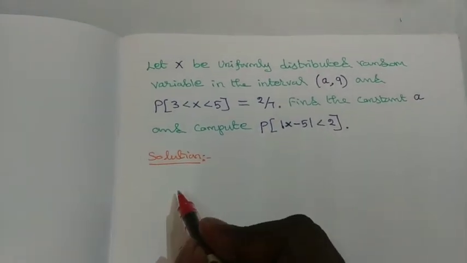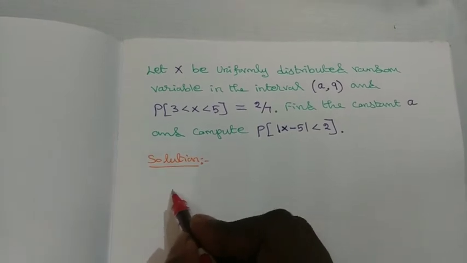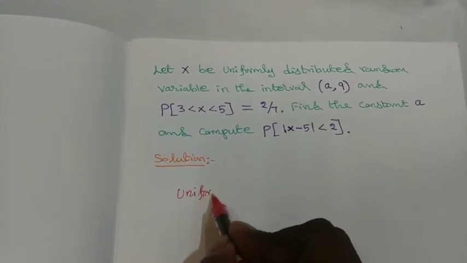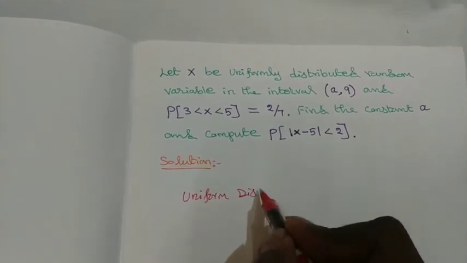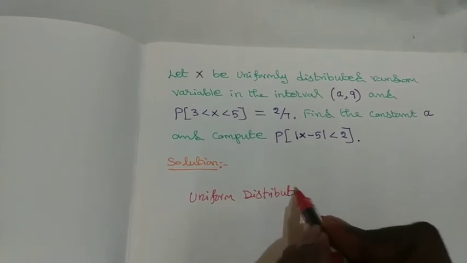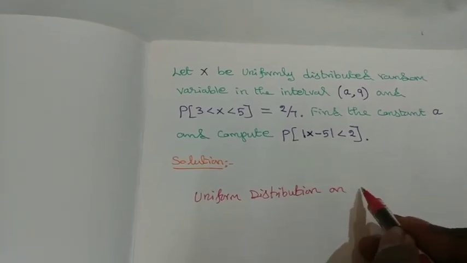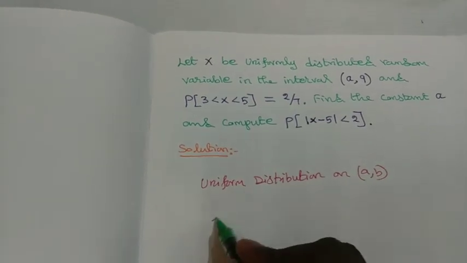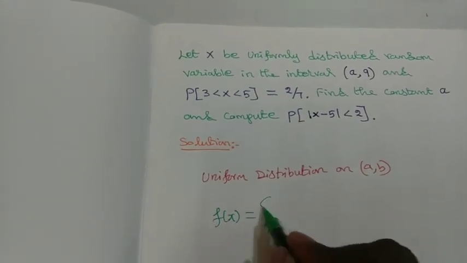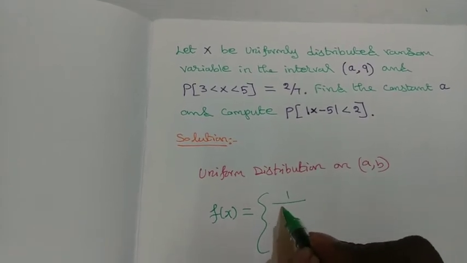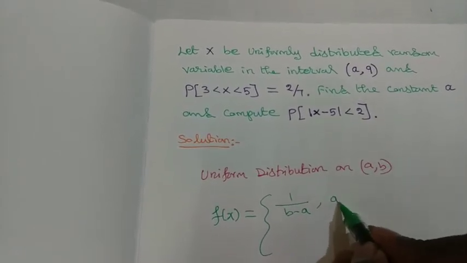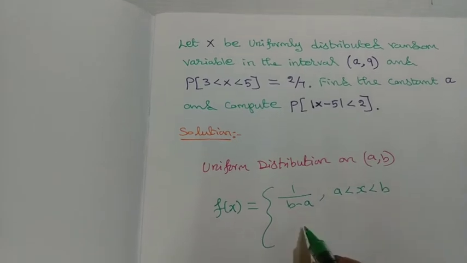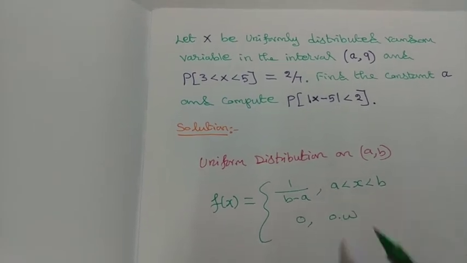So we know that the uniform distribution on (a, b) is f(x) = 1 by (b - a), for a < x < b, and 0 otherwise.